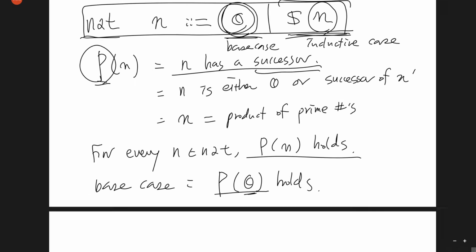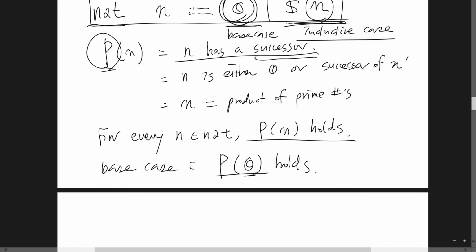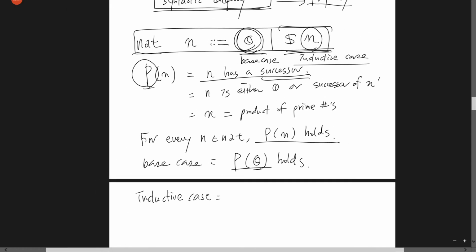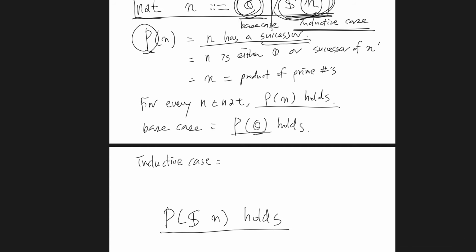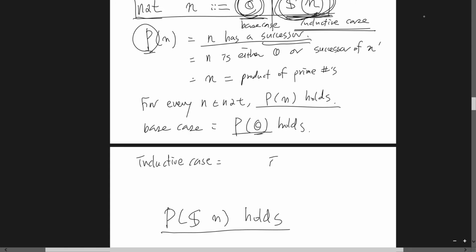But next, we need to consider this inductive case. Eventually, in this inductive case, we have to show that P of successor n holds, because this is the element in the second branch. But now we want to introduce an assumption as an induction hypothesis.